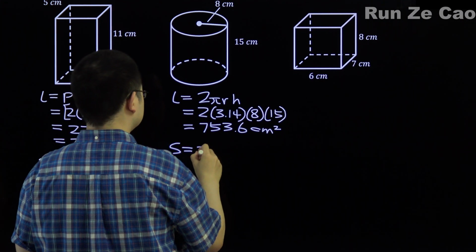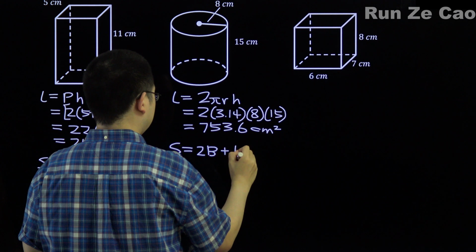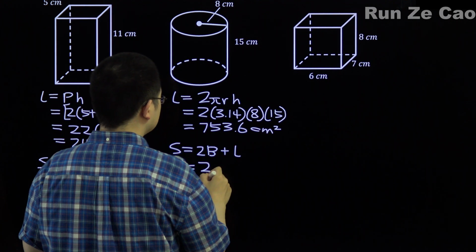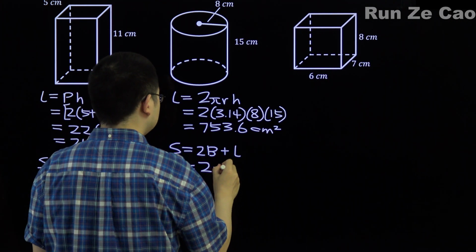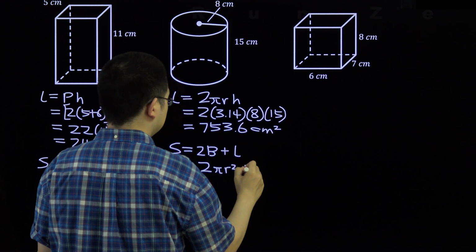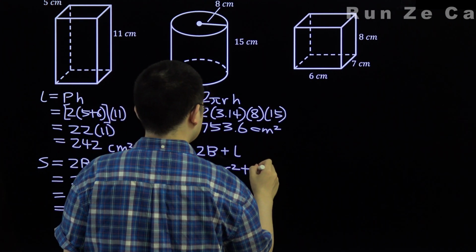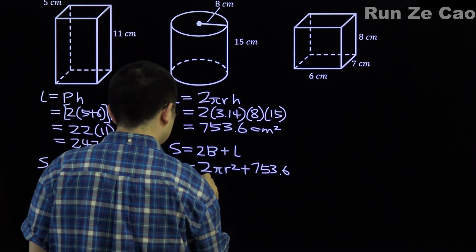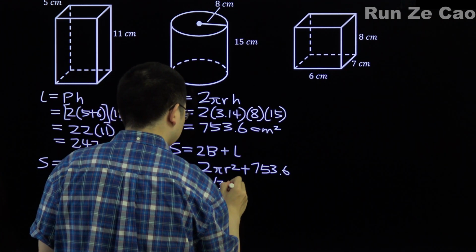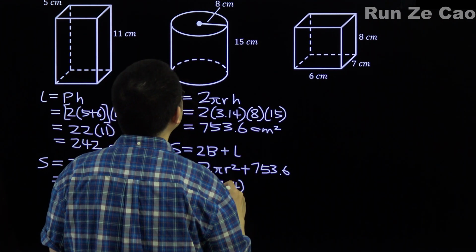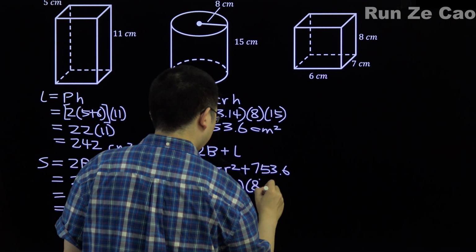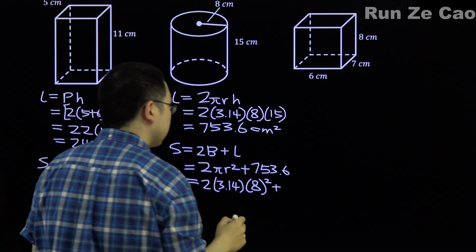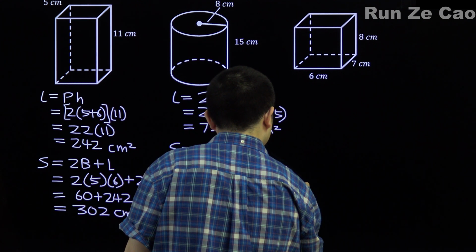The area is equal to 2b plus L. 2 times the base, 2b, the base is pi r squared, plus L, which is 753.6. So it's 2 times 3.14 times the radius, which is 8 squared, plus your lateral area, so the rectangle that wraps around the cylinder.